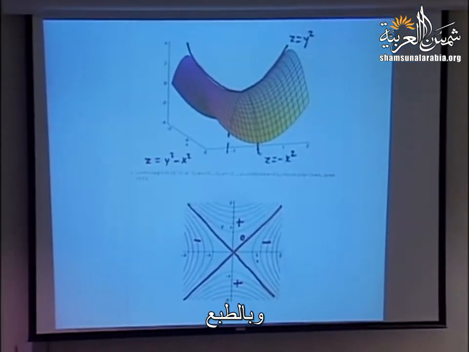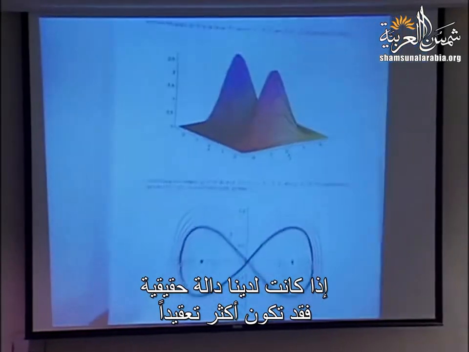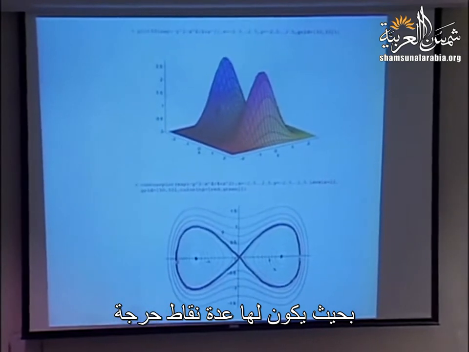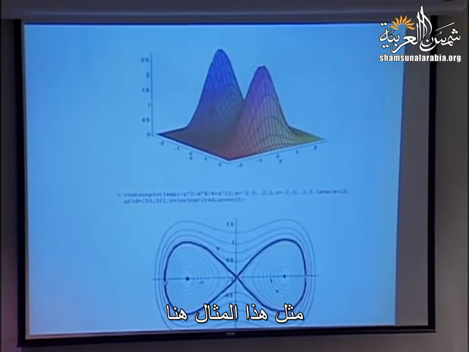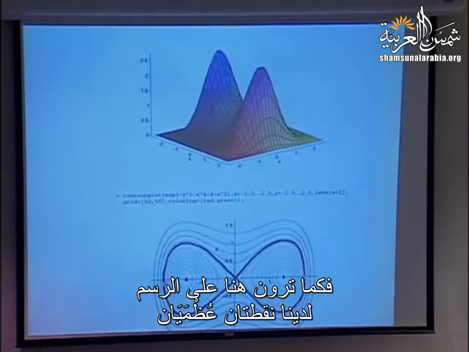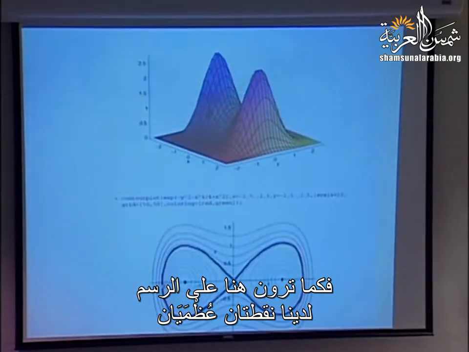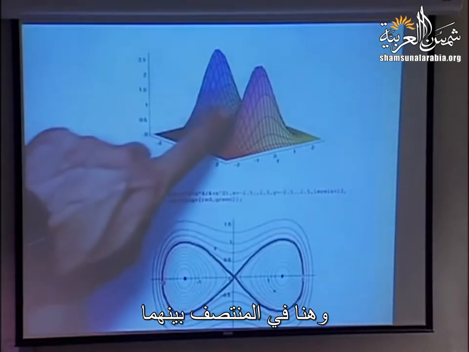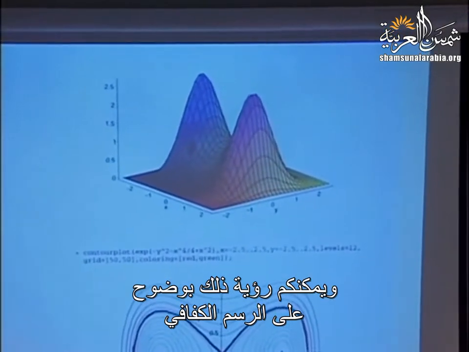And of course, if you have a real function, then it will be more complicated. It will have several critical points. So this example here, you see on the plot that there's two maxima, and in the middle between them, there's a saddle point. And actually you can see them on the contour plot.